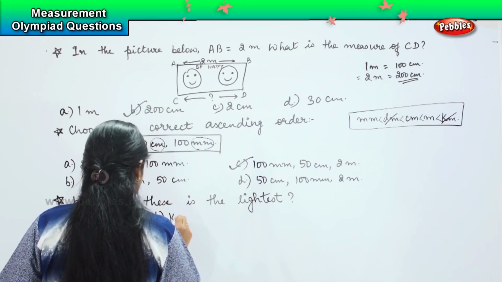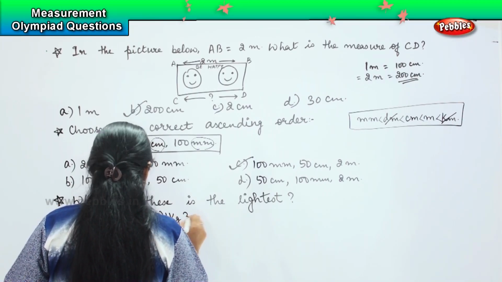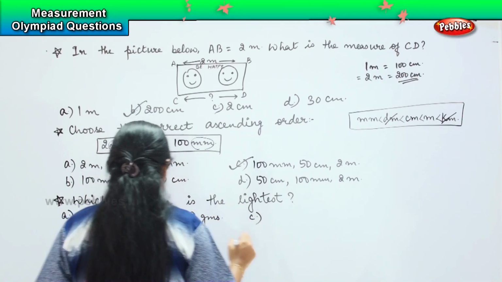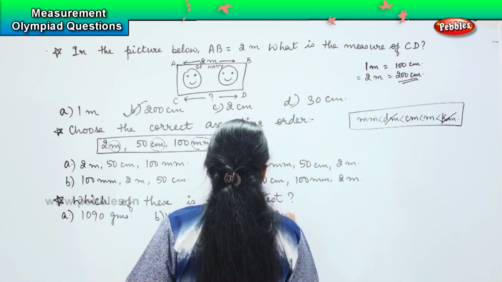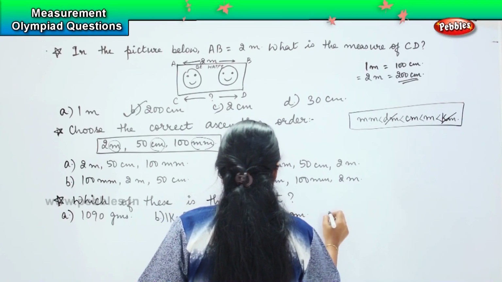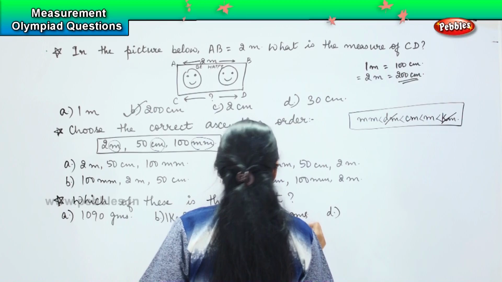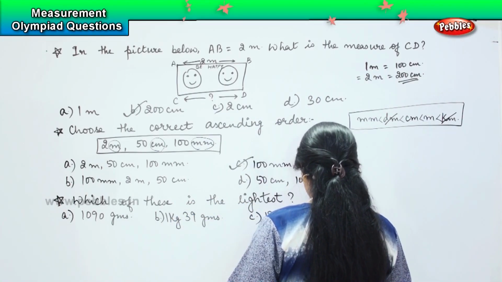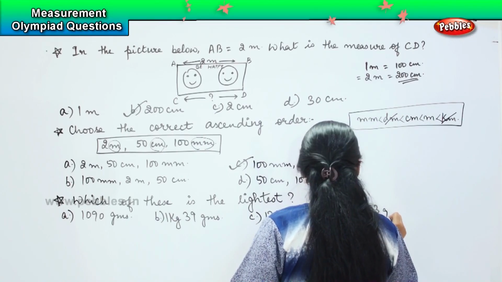Option B, 1 kg, 39 grams. Option C, 1390 grams. And option D, 1 kg, 93 grams.